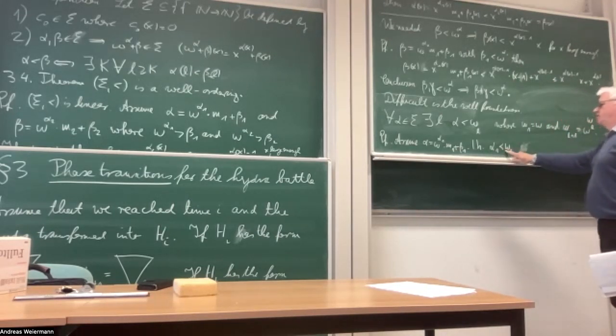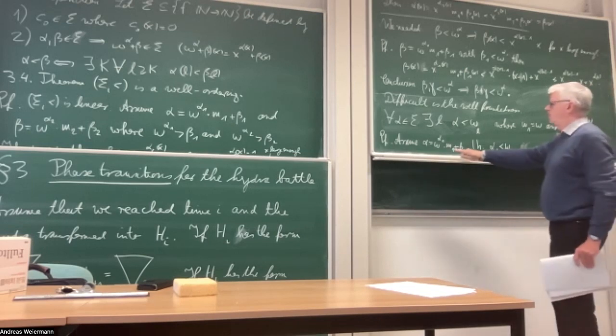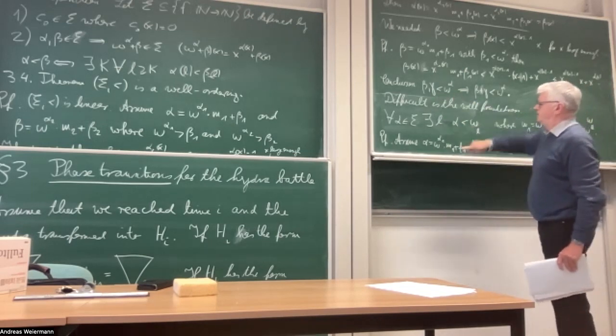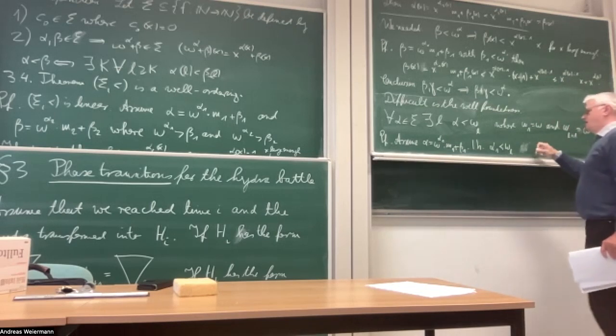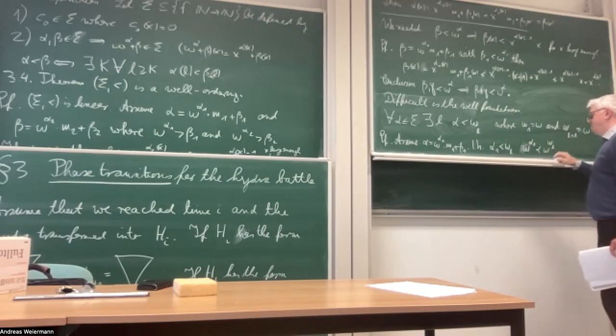The other one is bounded by this one. Or we use this one over here, right? Then omega to the alpha 1 is bounded by omega to the omega to the L.